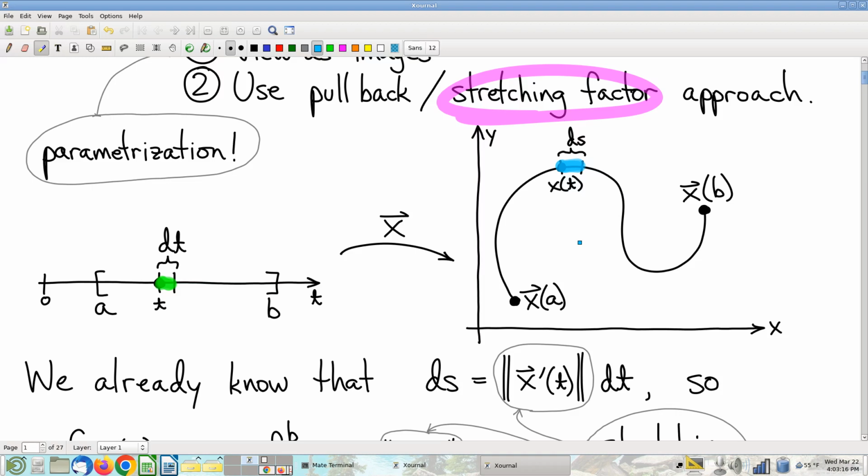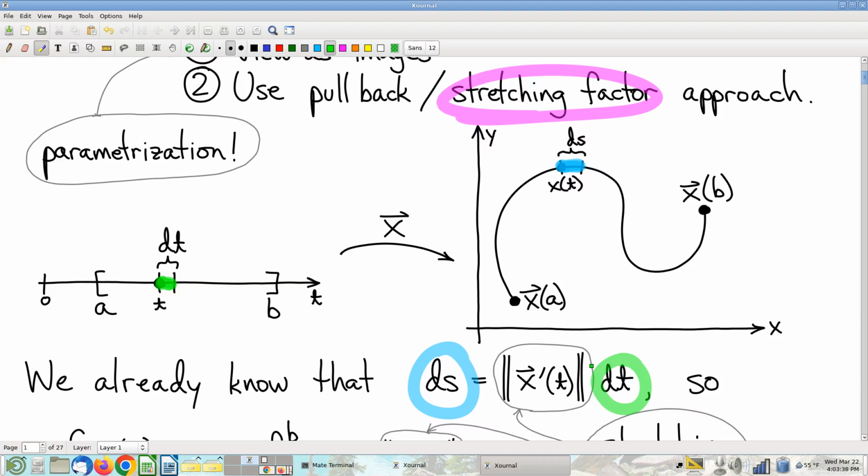So if I want to know the relationship between output size and input size, that's what my stretching factor is going to be. So what is my relationship between output size, which is distance, and input size, which I'm going to think of as an amount of time?